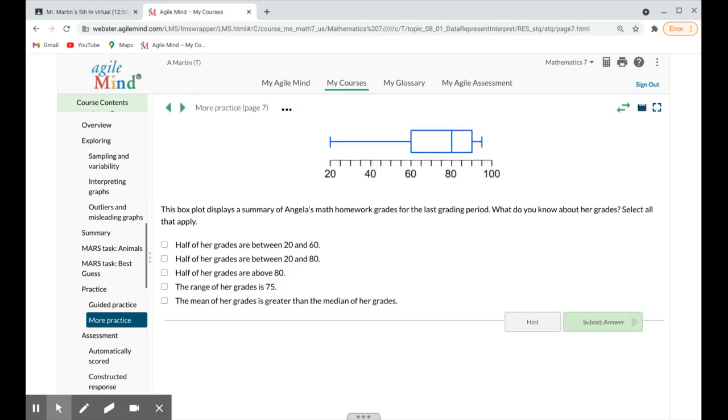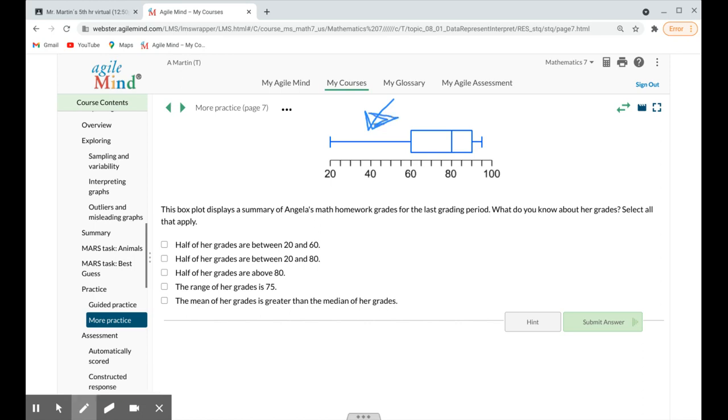Let's go on and do this one too. The box plot displays a summary of Angela's math homework grades for the last grading period. What do you know about her grades? Select all that apply. Let's break it down. It says half of her grades are between 20 and 60. Is that half?